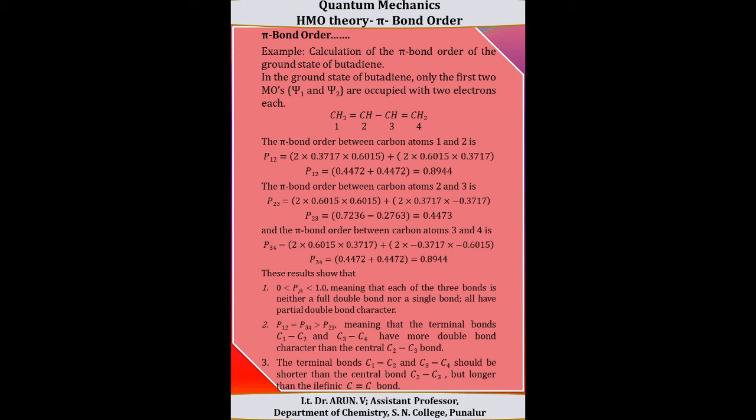Therefore, the pi bond order between carbon atoms 1 and 2, that is P12, is equal to 2 into 0.3717 into 0.6017 plus 2 into 0.6015 into 0.3717.